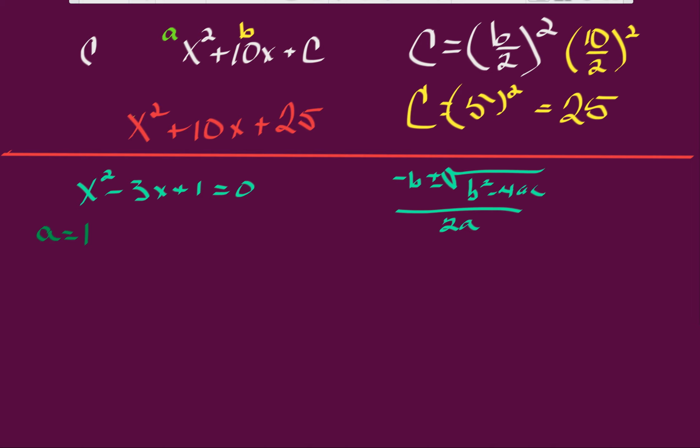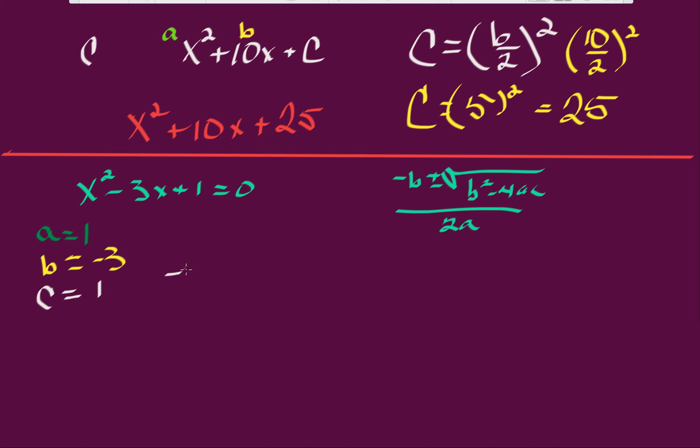I know where the yellow is. B is negative 3. And then C, which is the white one, is equal to 1. Okay? And so we just plug it in.